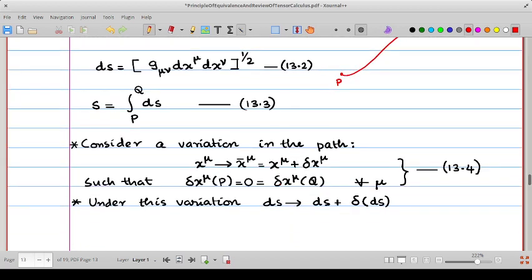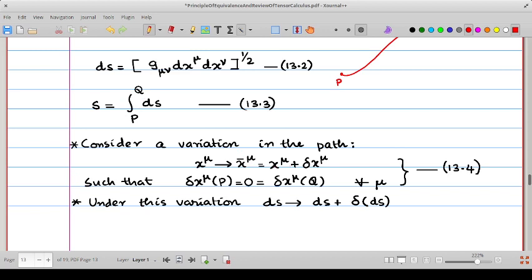So the variation in the coordinates is given by x^μ going to x̄^μ, which is related to x^μ as x̄^μ equals x^μ plus δx^μ. And this δx^μ is very small. So this coordinate change will result in a change of this integral, and therefore of s. And if the path we start with, that is the one represented by these coordinates x^μ, corresponds to the geodesic, then up to first order in δx^μ, the variation that happens in s will be 0.